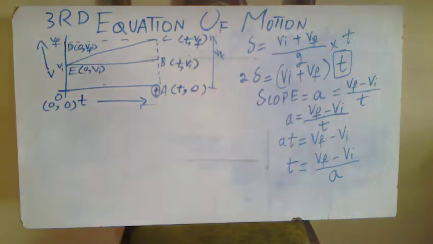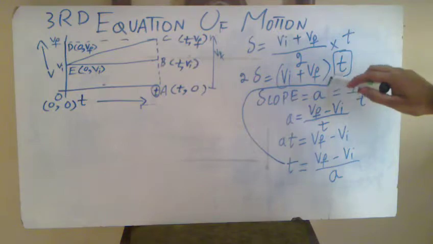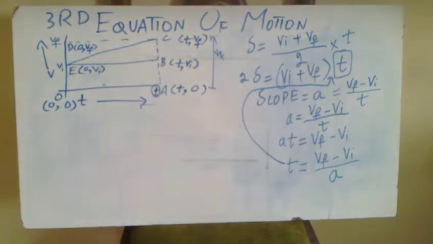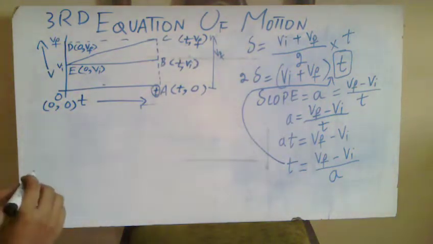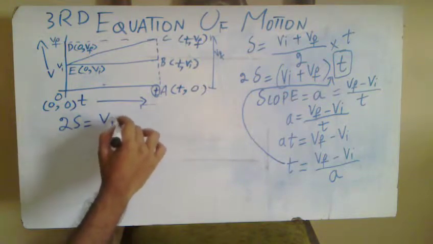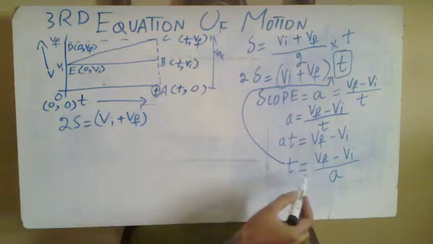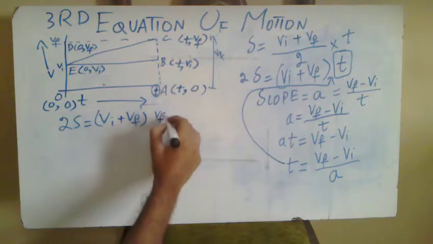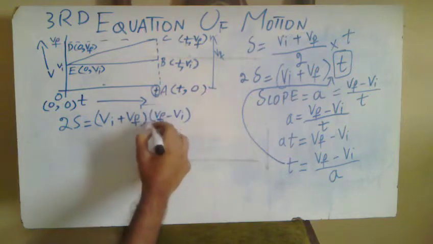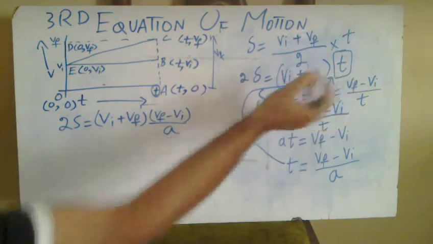So putting the value of T in this equation, what we will get is 2S equals Vi plus Vf into Vf minus Vi divided by A, because we are putting this T value here.